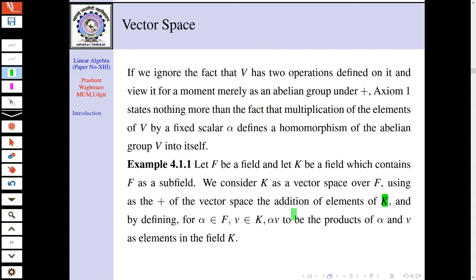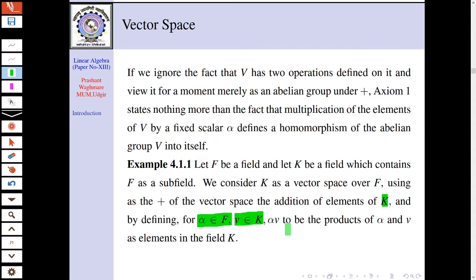That means if you consider an element alpha in F and an element V in K, automatically F is a subset of K, so alpha is an element of K here. So if alpha is an element of K and V is an element of K and K is a field, I can define the multiplication operation there, because K is a field, so a multiplication operation is already defined.